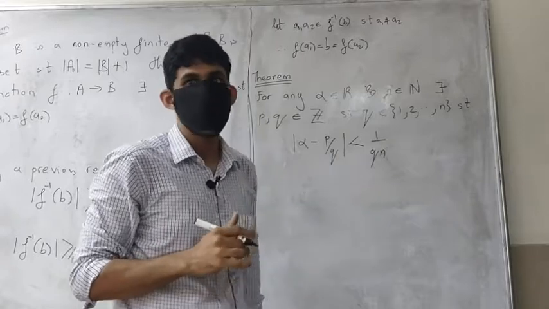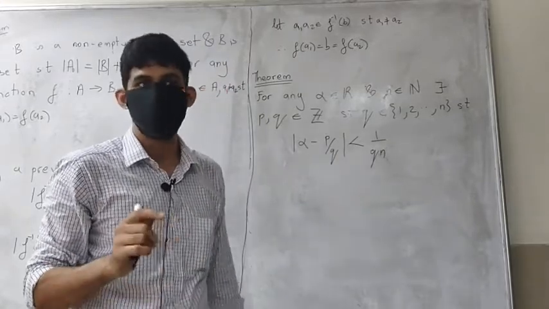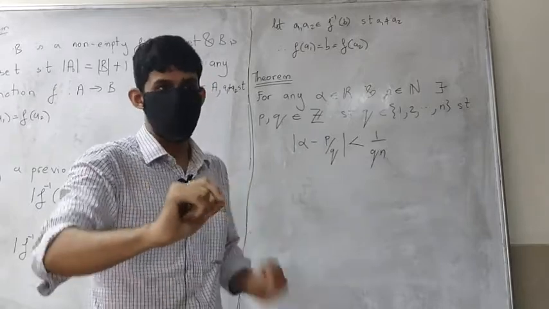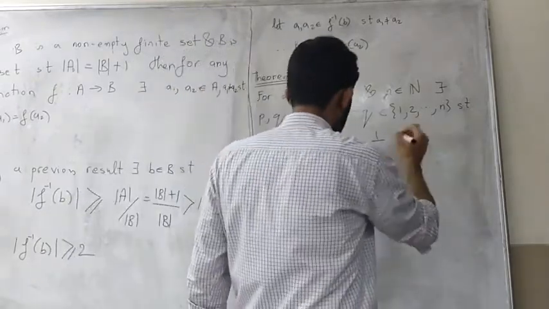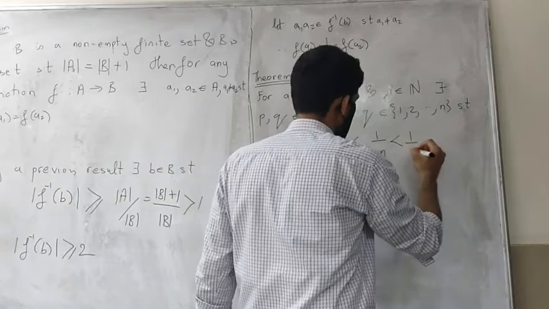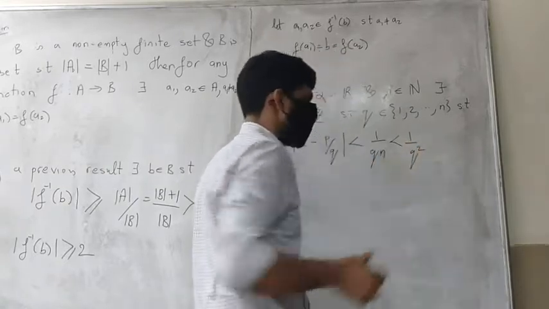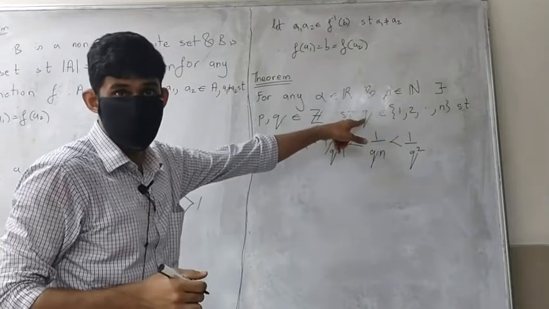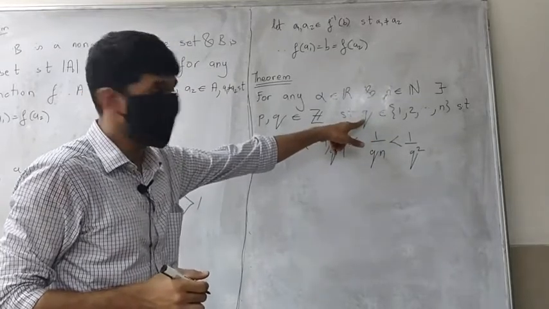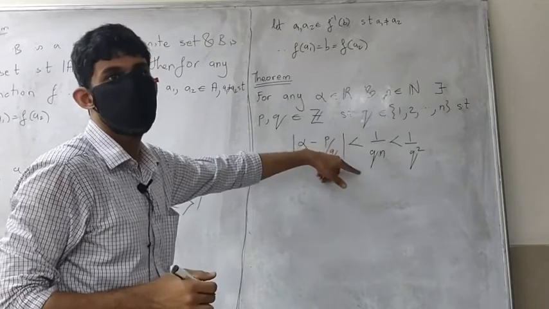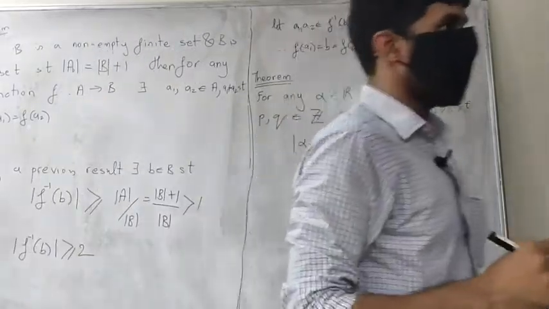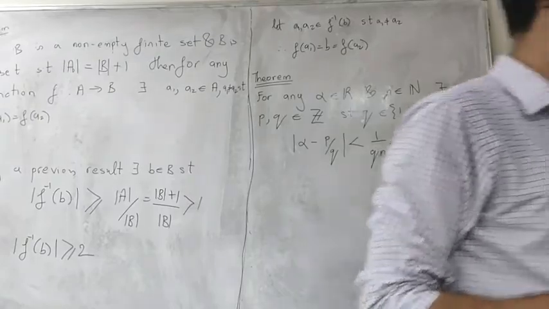You allow the denominator just to run from 1 to n. And this is less than 1 by q square also. That's an obvious fact, because n is greater than q, so 1 by q is less than 1 by n. That is a mistake there.